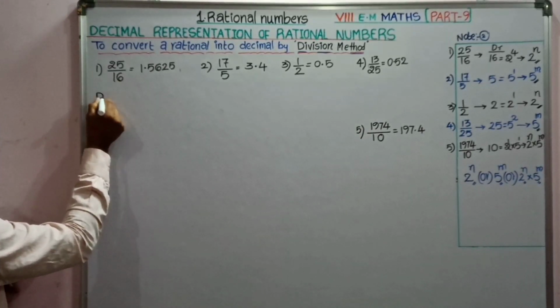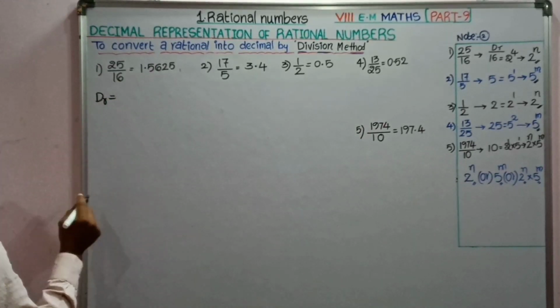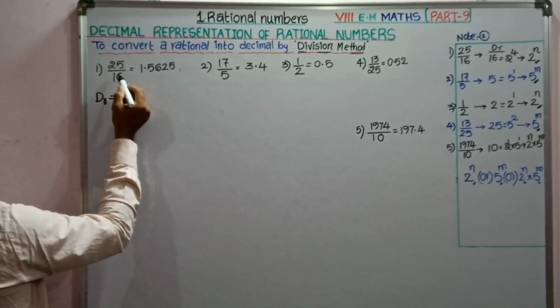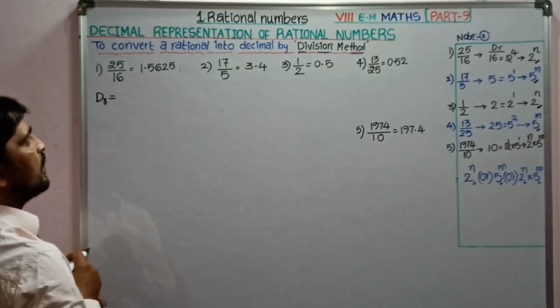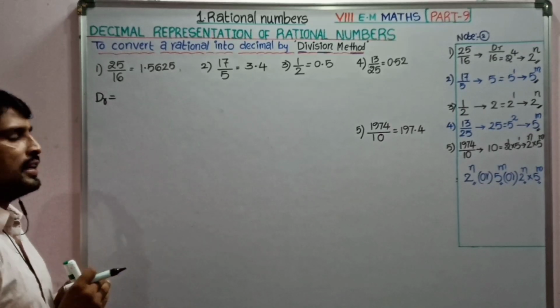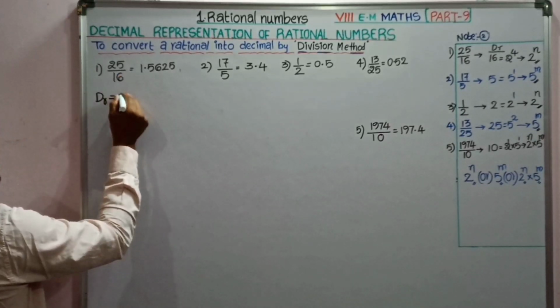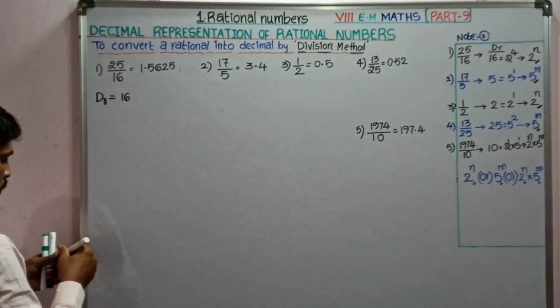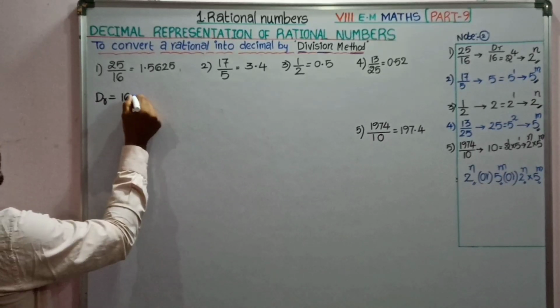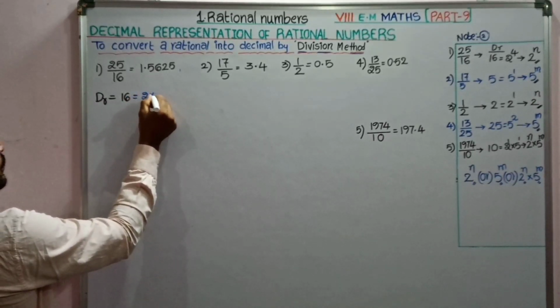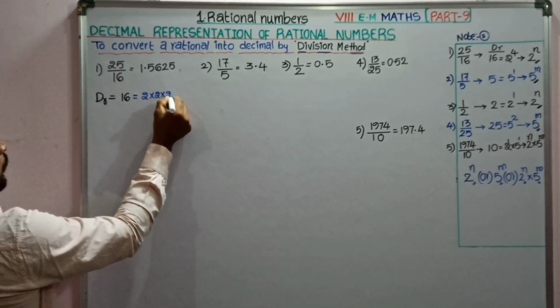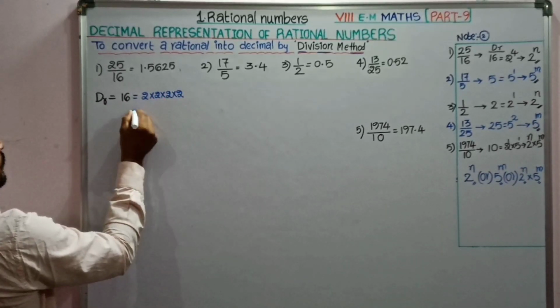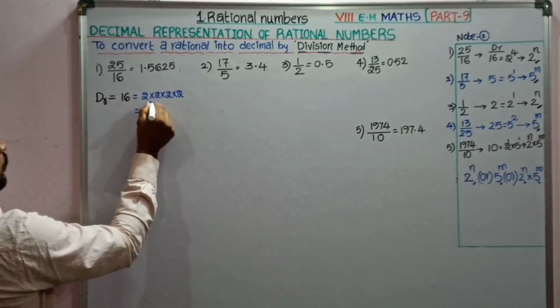First one is 25 by 16 and its decimal form is 1.5625, which is a terminating decimal. So the denominator is 16. What is the prime factorization of 16? That is 2 into 2 into 2 into 2, which is equal to 2 power 4.